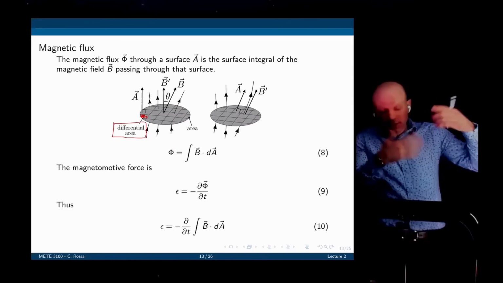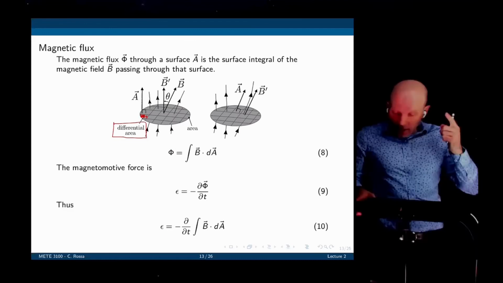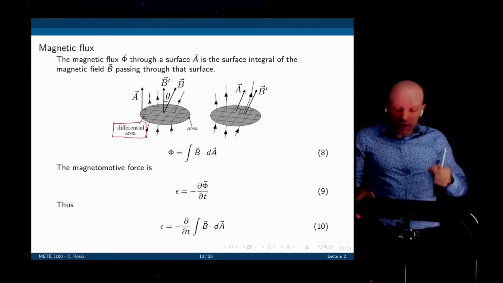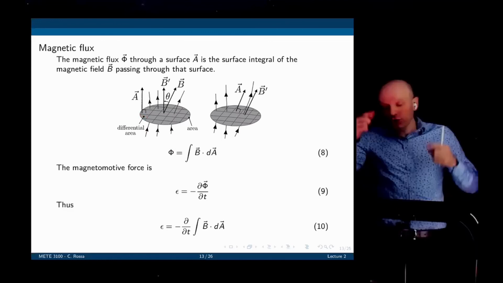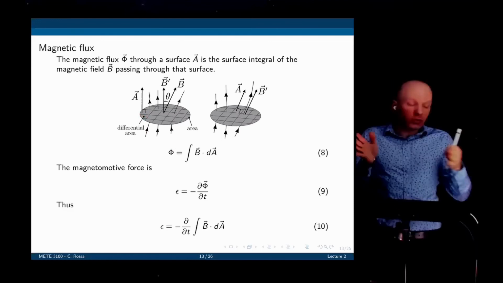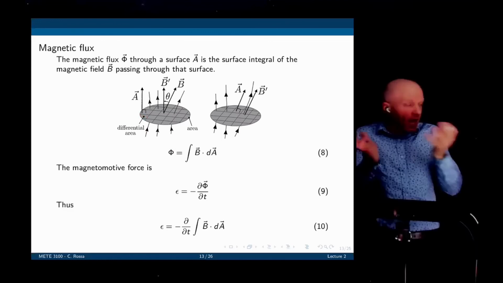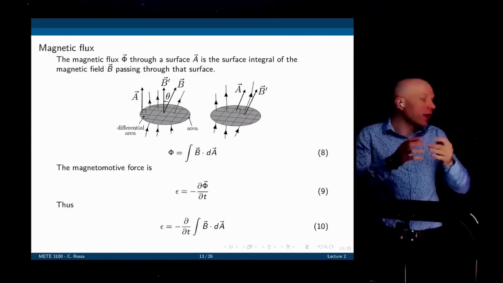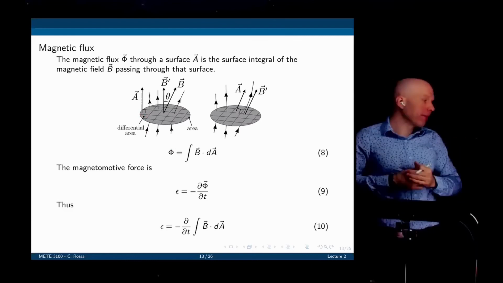If your differential area is constant throughout the surface, then your area is A, and then you can take the integral easier. That's what I meant to say. But you are right, the area typically is constant.